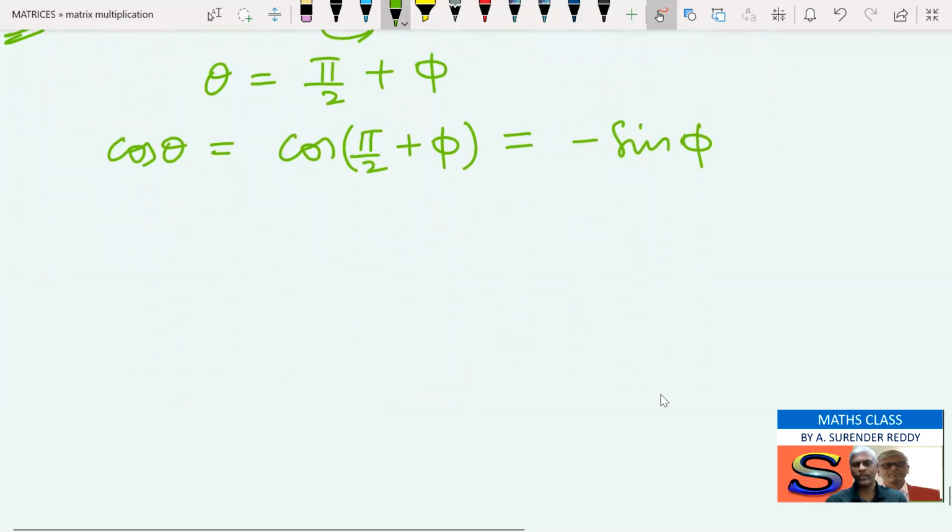If you don't understand, just remember, after completing the trigonometry transformations, you will come to know how this transformation takes place.